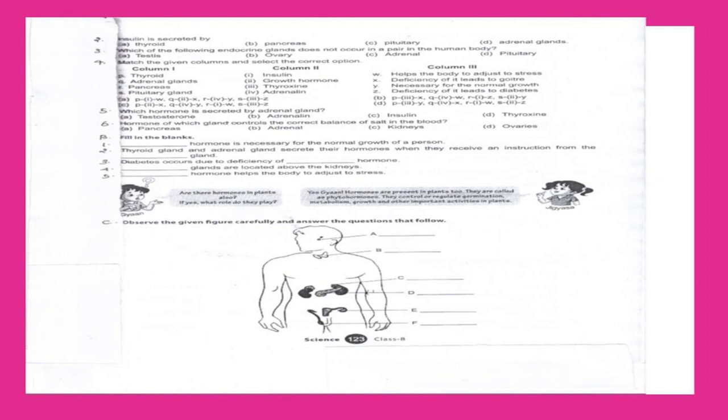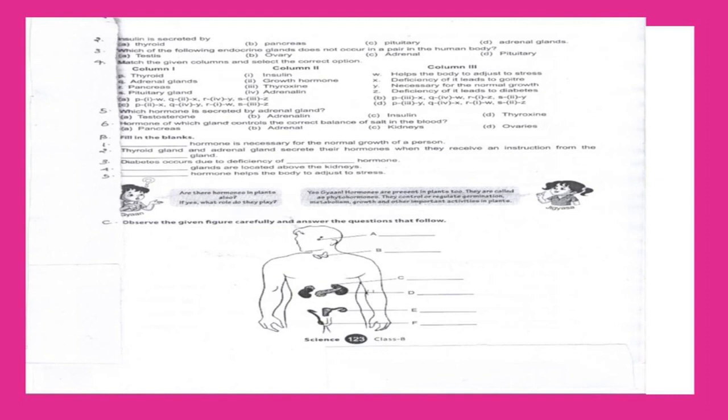Adrenal gland, adrenaline helps the body to adjust to stress. Pancreas, insulin, deficiency leads to diabetes. And pituitary gland, it is a growth hormone and S is necessary for normal growth.